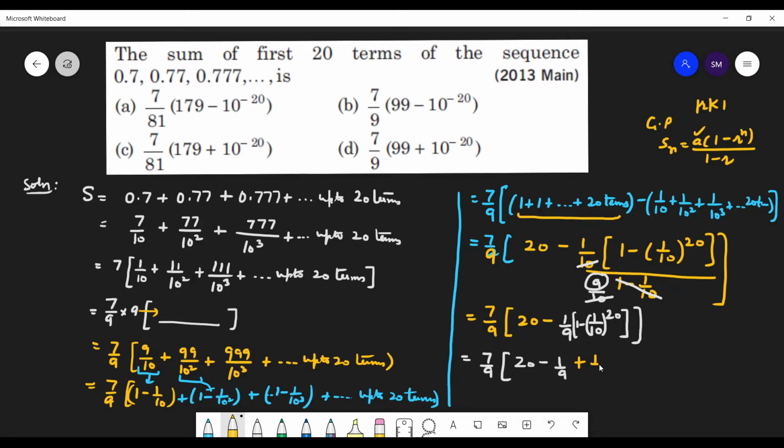So what do you get? a upon 1 minus 3 by 4a is equal to 4, right? So a equals 4 into 1 minus 3 by 4a.